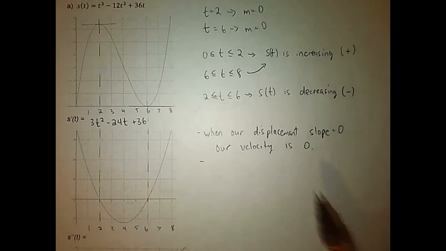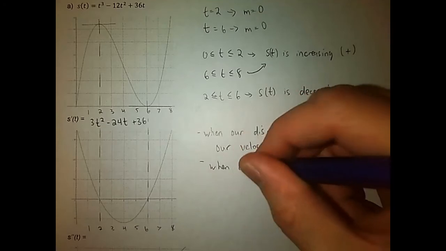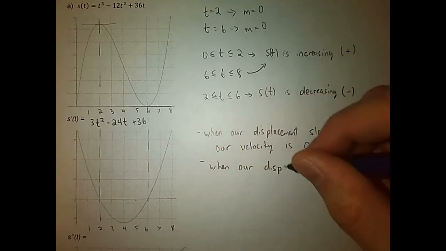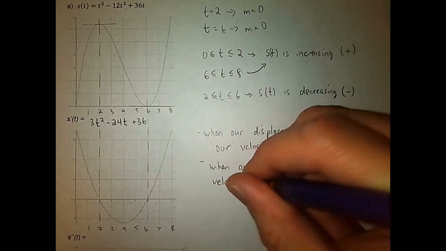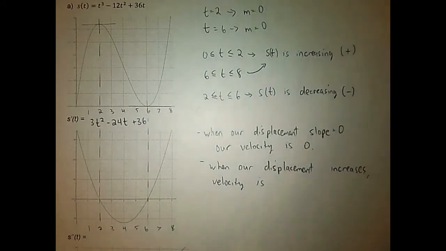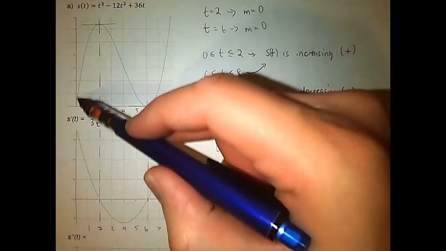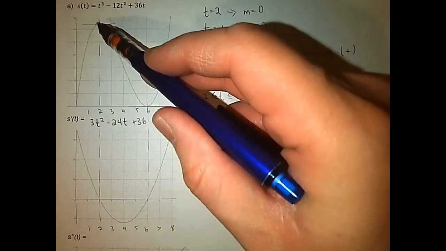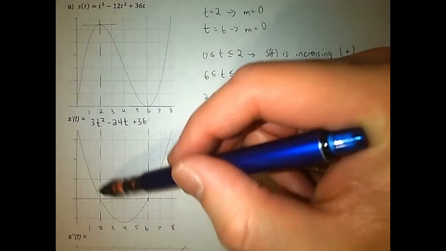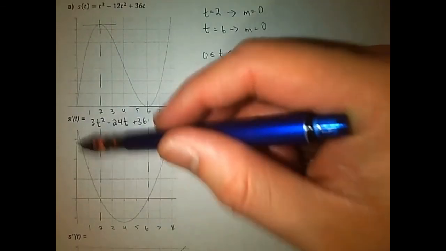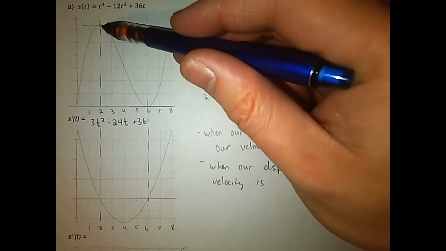Also notice when our displacement increases, we can see that the velocity is positive. From here to here, our graph is increasing for displacement. And what do we notice about it on our velocity graph? From here to here, it's still in the positive section. Then it gets to 0, where we get our slope of 0.